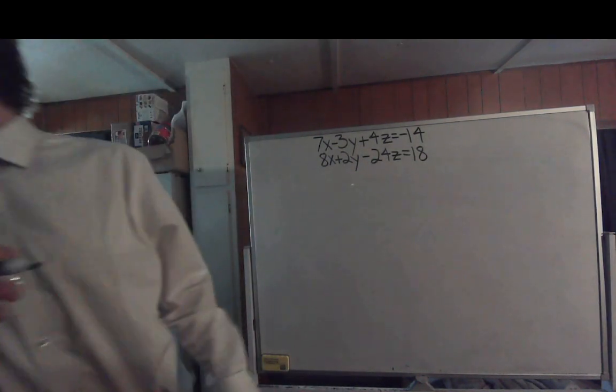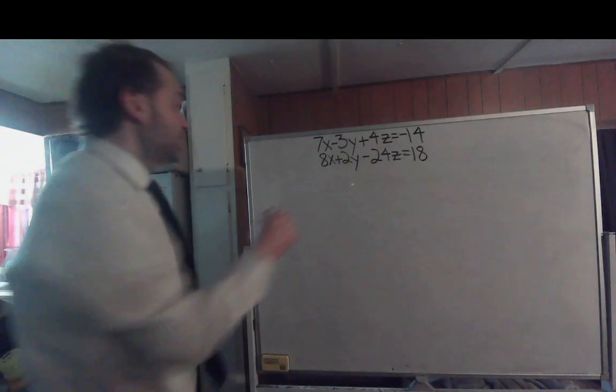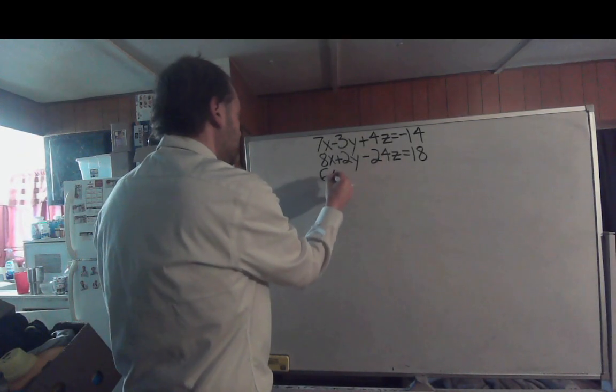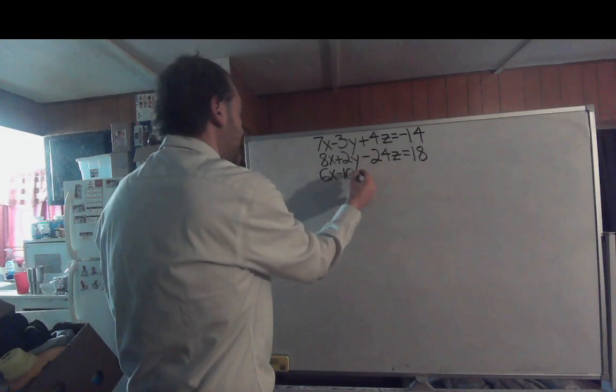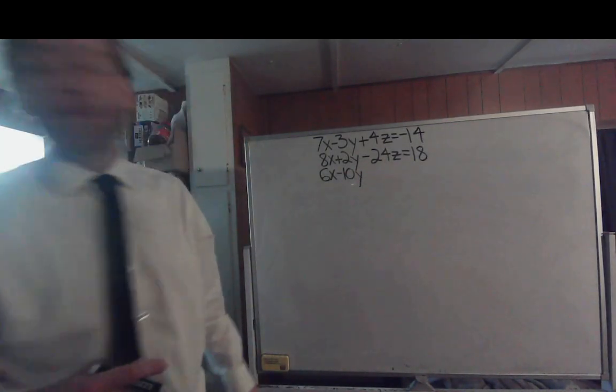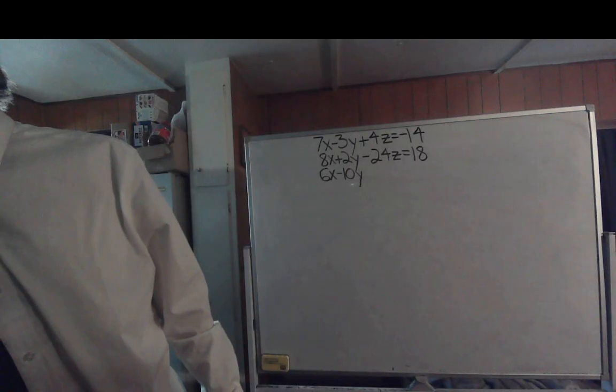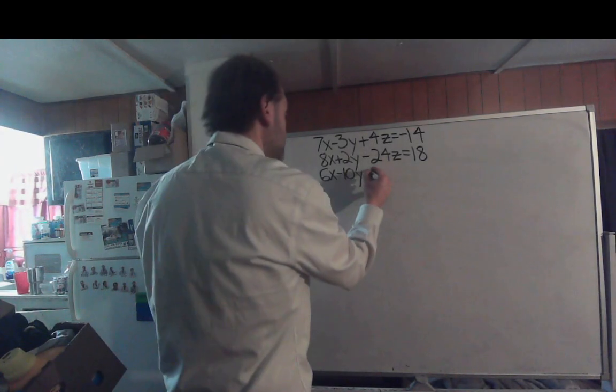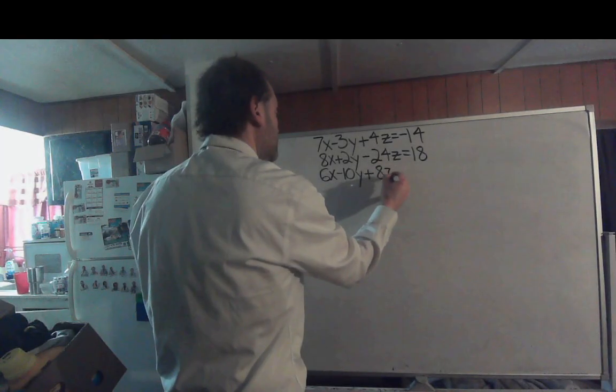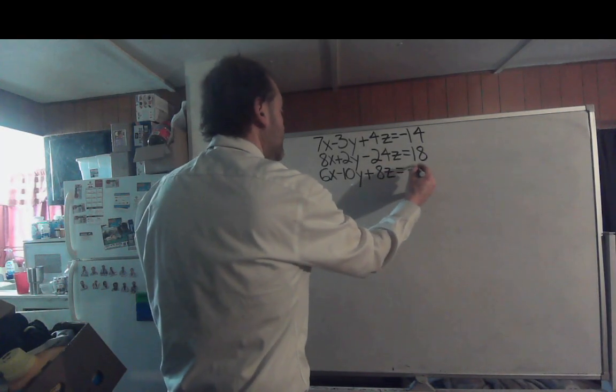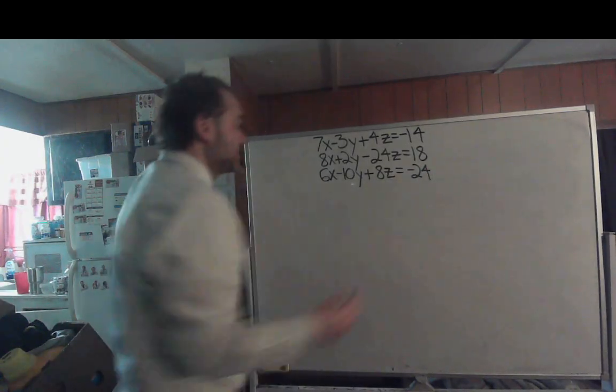And then for the third equation, we have 6x minus 10y plus 8z equals negative 24. This is going to be a fun one.